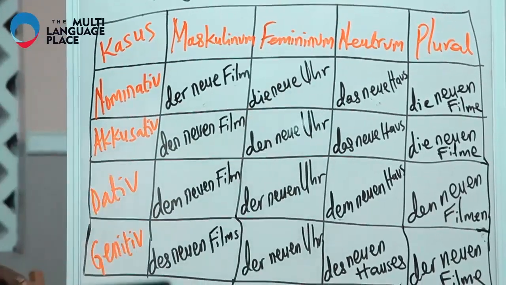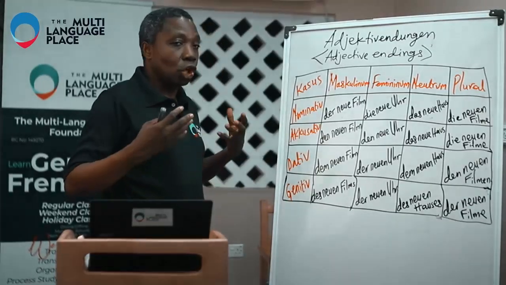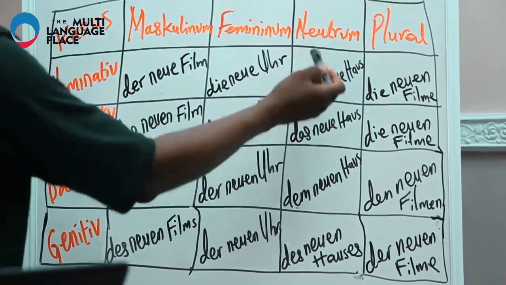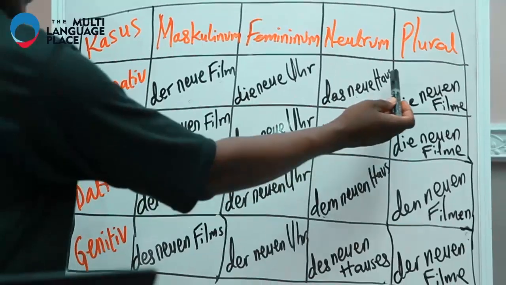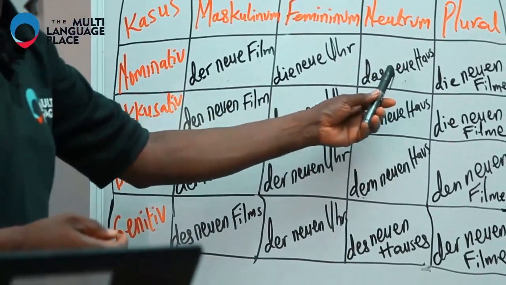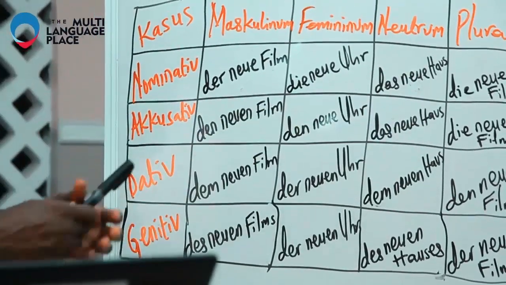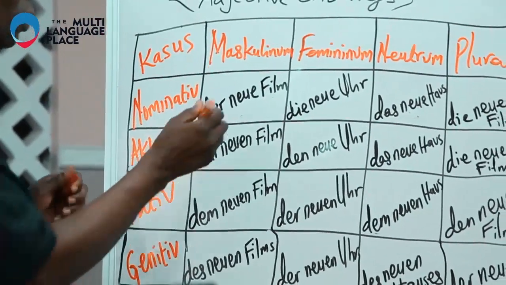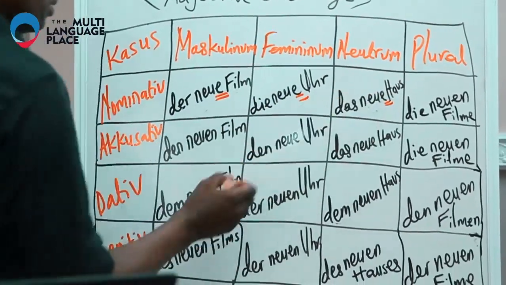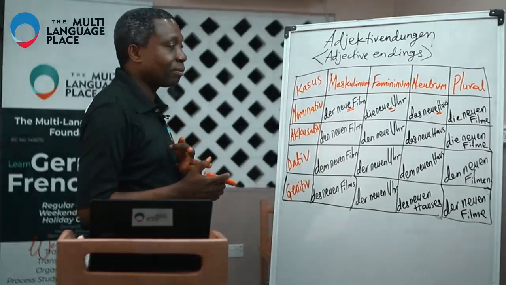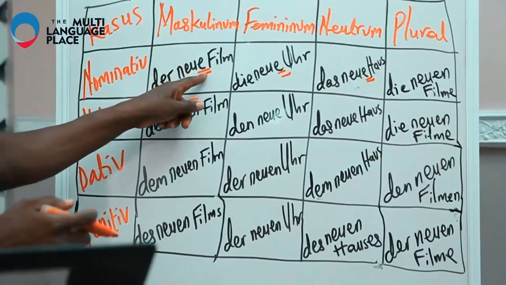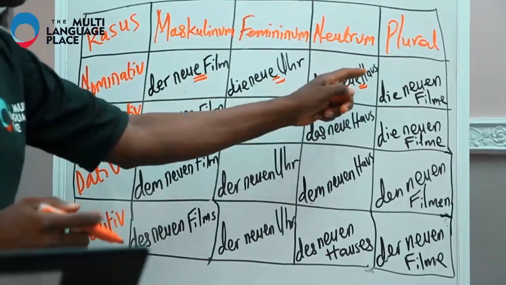But then when the adjective comes in the middle, we have die neue Uhr in the nominative. Very simple. And then we come to the neuter: das Haus. But then the adjective comes, and we have das neue Haus. So if you notice very well, you see that E is here, neue, neue. For masculine, feminine, neuter, the adjective has E in the nominative singular.